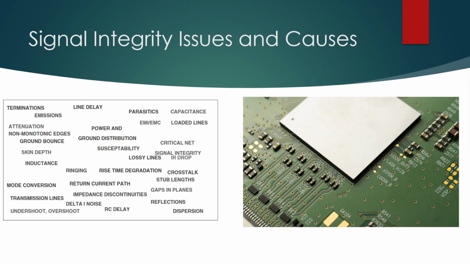When we do the signal integrity analysis, we hear a lot of terms like ground bounce, skin depth, ringing, ISI, crosstalk, loss, etc. All these terms may be confusing at first instinct, but if we know what these terms are and what the main source of these issues is, then it will be very easy to handle in our design.